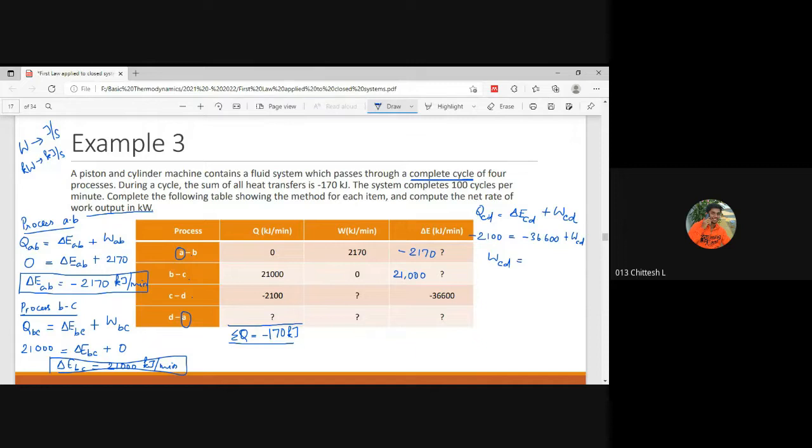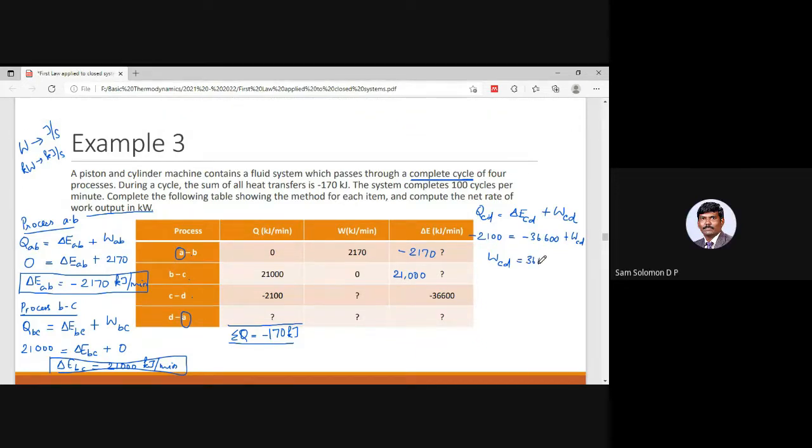This 36,600 will come to the other side. So this is positive, sir, minus 2100, so this guy should be 34,500. Units? Kilojoule per minute. Okay, so this guy here is 34,500 kilojoules per minute.